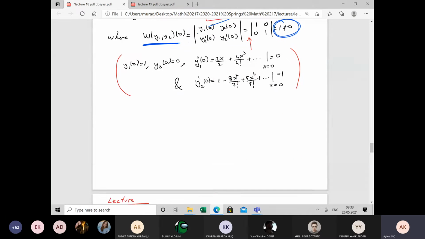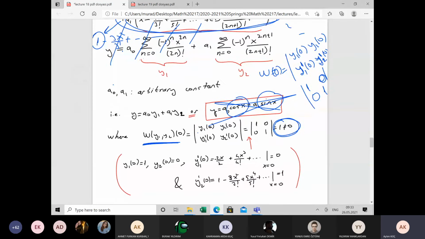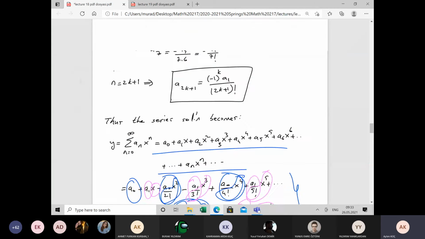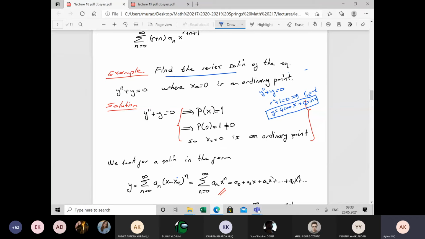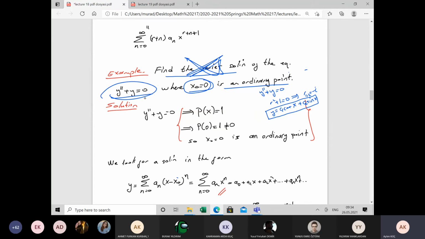Look at our question here: find the series solution of the differential equation where x0 is an ordinary point. But if the question is to find the solution of this differential equation, note that it is a constant coefficient linear second order differential equation, so we know how to solve it.